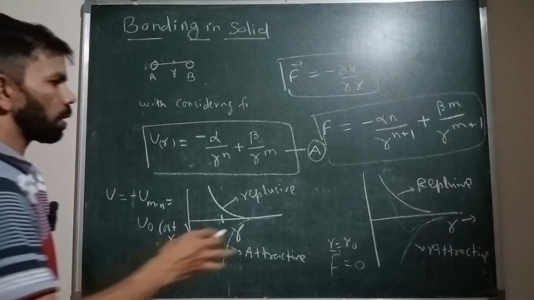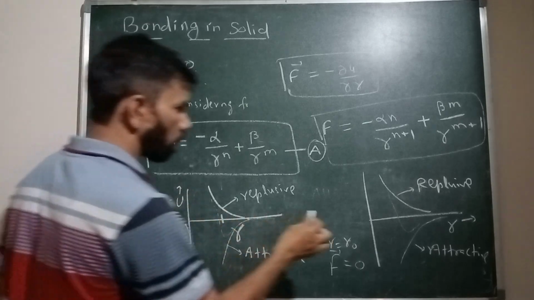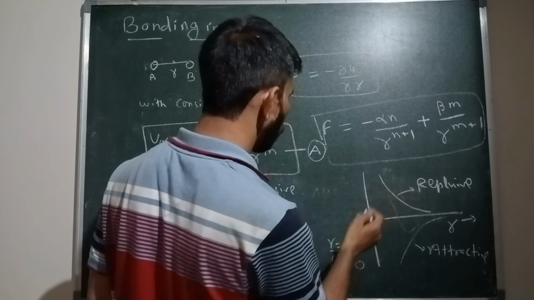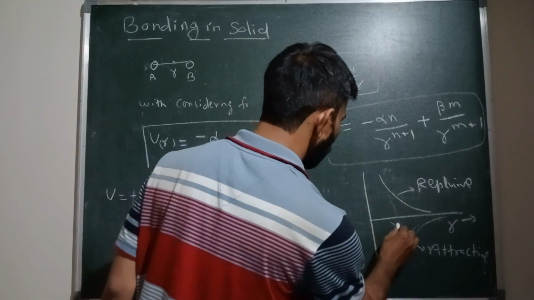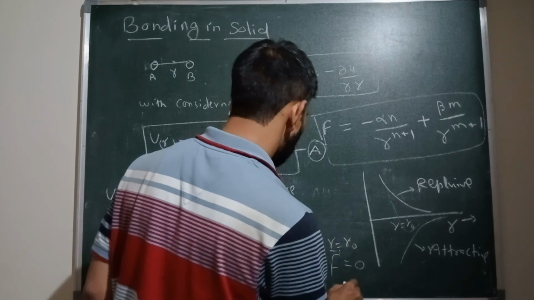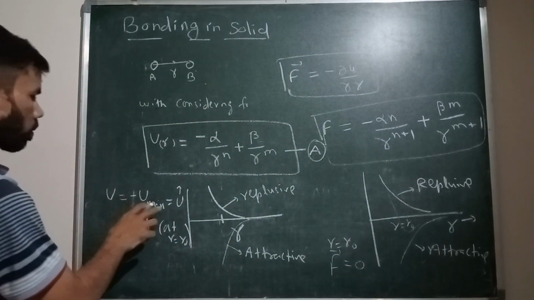So we have seen in both graphs that the force at equilibrium position, when R is R naught, tends to 0, but the potential energy is not equal to 0.